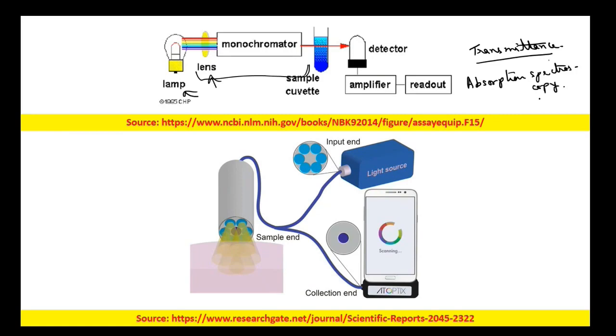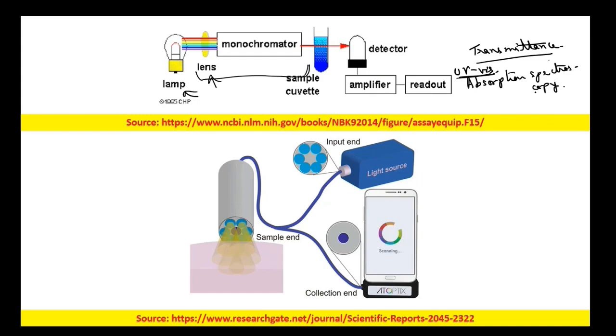Now, as we go forward, you will find that other types of spectrophotometers can also be absorption spectrophotometers. Since we are using a UV visible lamp over here, it is called a UV visible spectrophotometer.